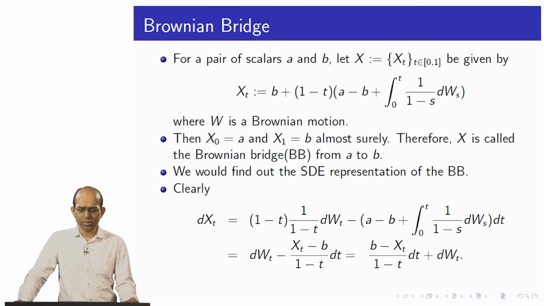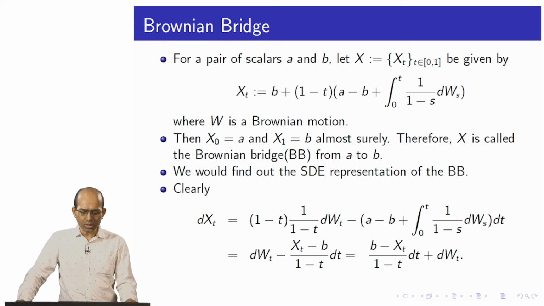Now, just simplification. We can understand that this term can be rewritten as (x t minus b) divided by (1 minus t). So x t minus b divided by 1 minus t, and the minus sign is there, so I get b minus x t divided by 1 minus t.